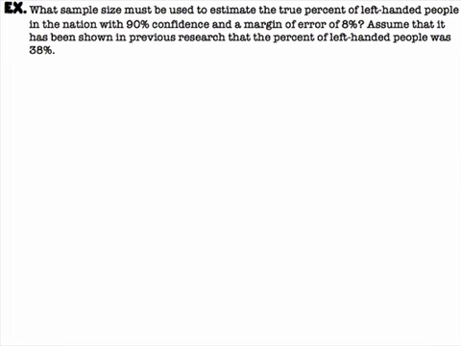All right, this example. What sample size must be used to estimate the true percent of left-handed people in the nation with 90% confidence and a margin of error of 8%? Assume that it has been shown in previous research that the percent of left-handed people was 38%. Okay, so I want a margin of error of 8%, so 0.08.